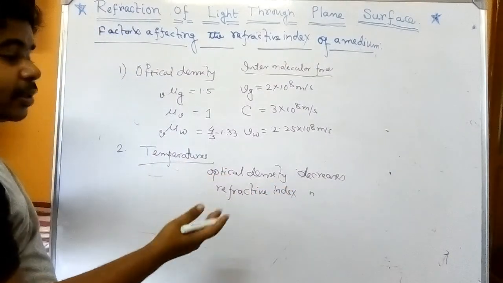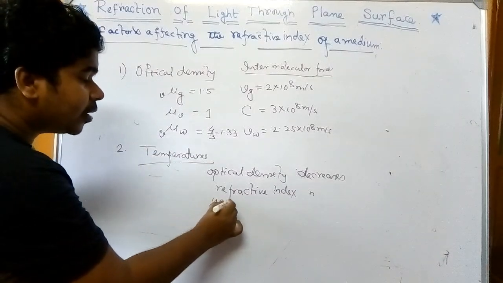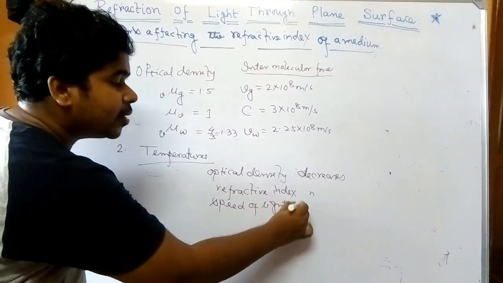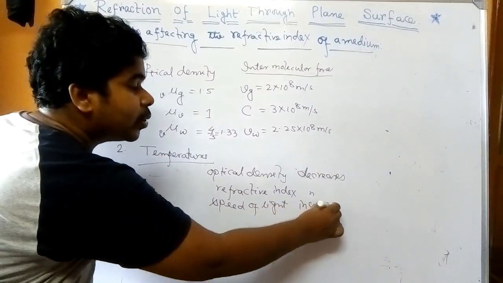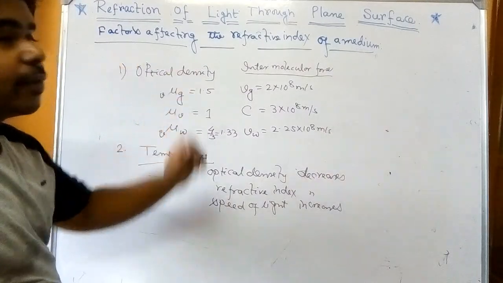If optical density decreases, then refractive index decreases, and if refractive index decreases, the speed of light increases. So that is the relation between temperature and the refractive index.